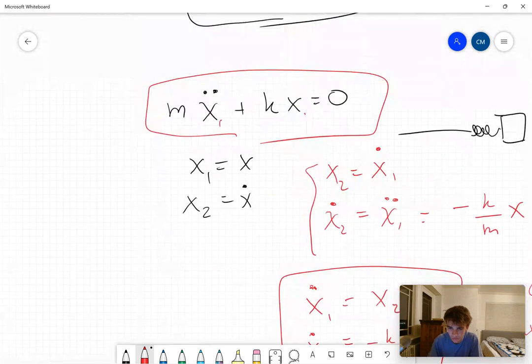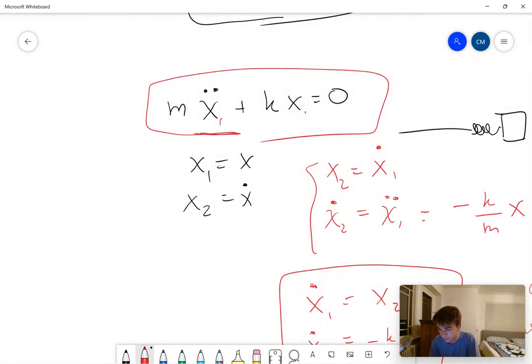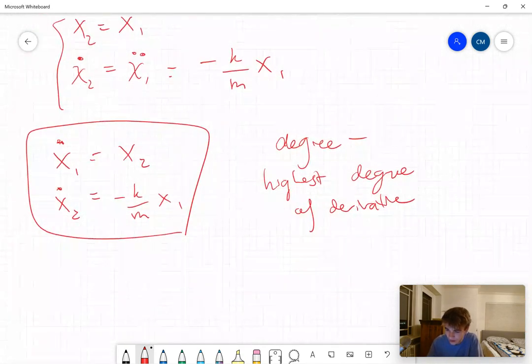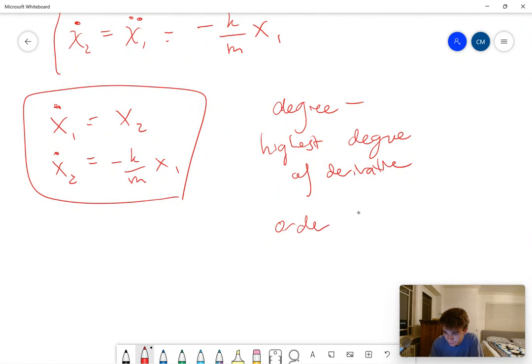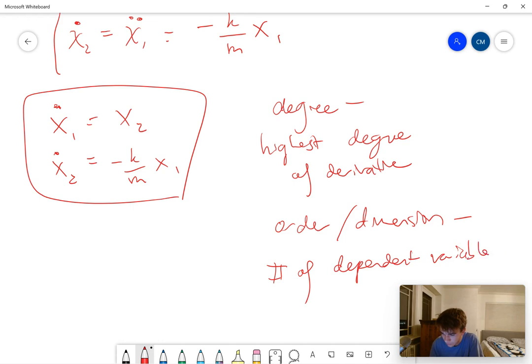So previously we were working with a second degree system, but it was first order, so our highest degree of derivative was 2. And then the order or dimension is just the number of dependent variables, or variables of study.